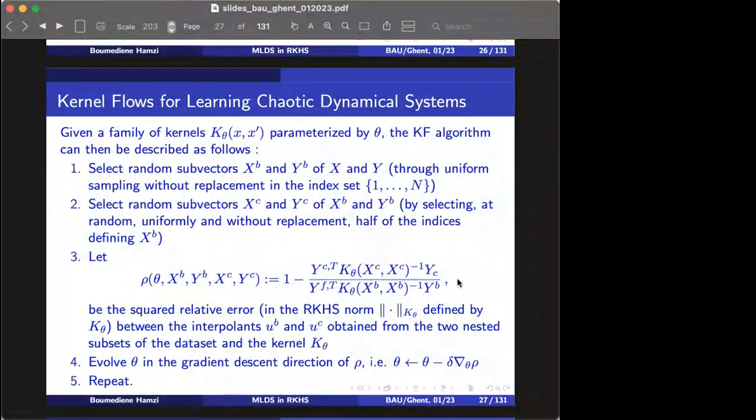Then we compute the relative error as 1 minus yc transpose k_theta(xc, xc) inverse yc over yf transpose k_theta(xf, xf) inverse yf, where yc corresponds to capital N over 2 points and yf corresponds to capital N points. And then we evolve theta in the gradient descent direction of rho. So we write theta_{k+1} equals theta_k minus delta times the gradient of rho with respect to theta, and then repeat.